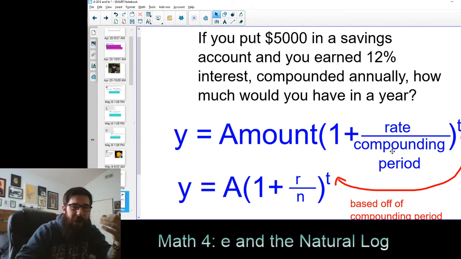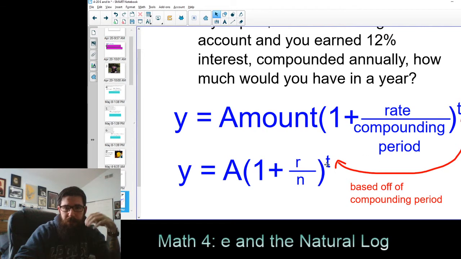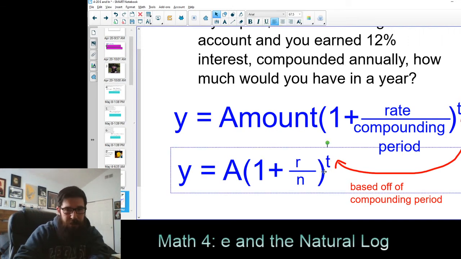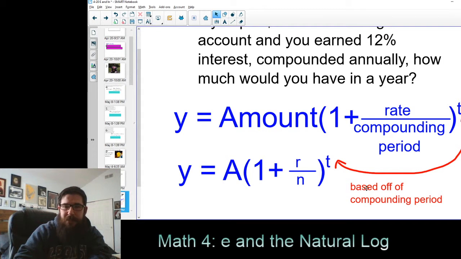I'm going to divide it by whatever that compounding period is, okay? So you're going to see this rate divided by this value n here. T is going to be a little tricky depending on how you want to look at it. Sometimes you'll see nt up here. When I say it's based off of the compounding period, we're going to get to some examples with this, but as soon as I turn this into months, this is measured now in months, okay?